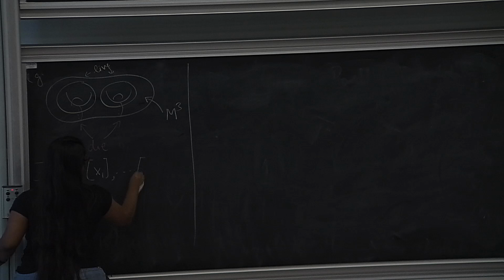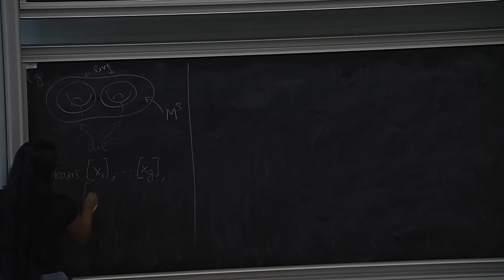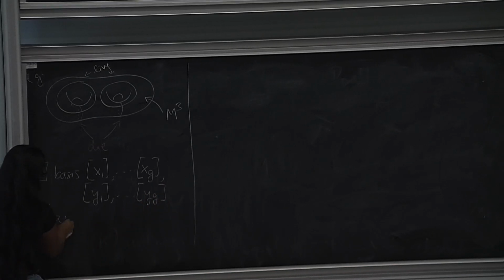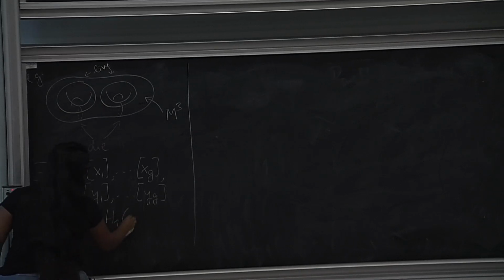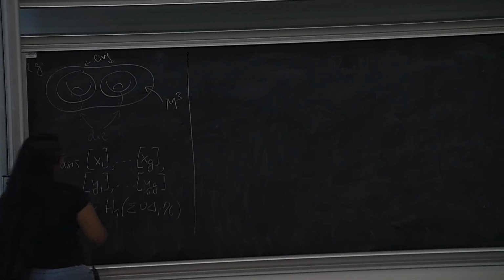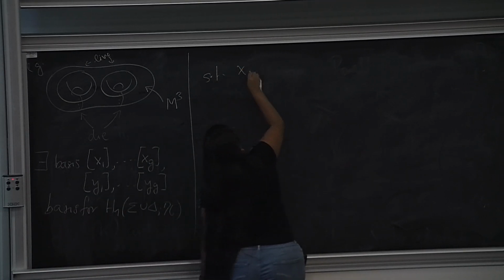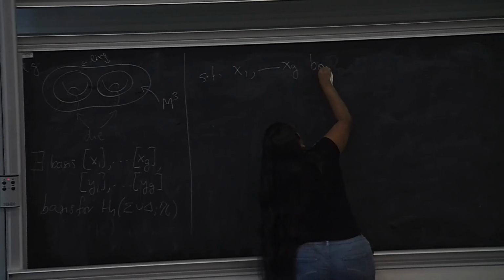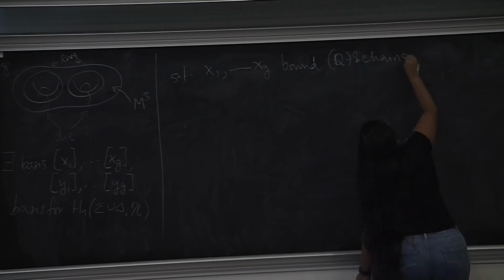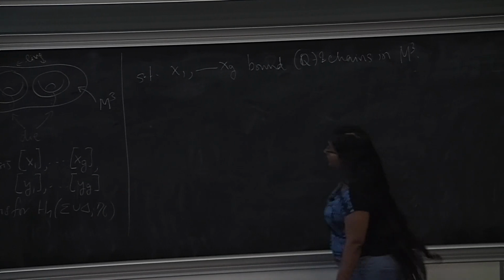I know that this means that there exists a basis for H1 of my sigma union delta, such that the top half, x1 through xg, bound rational two chains in my three manifold.